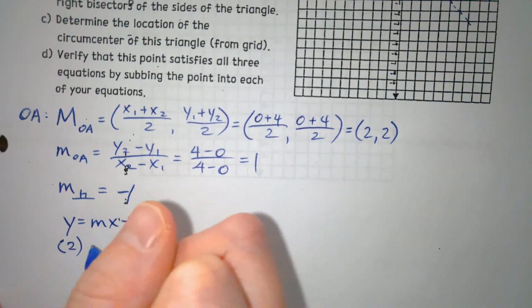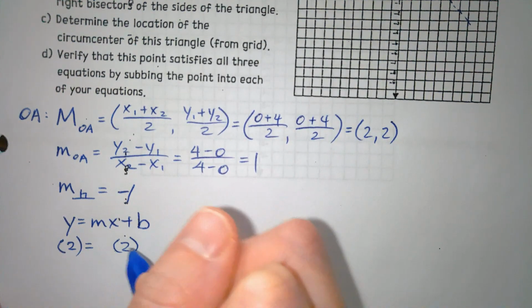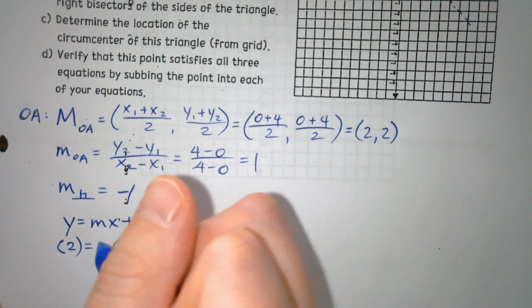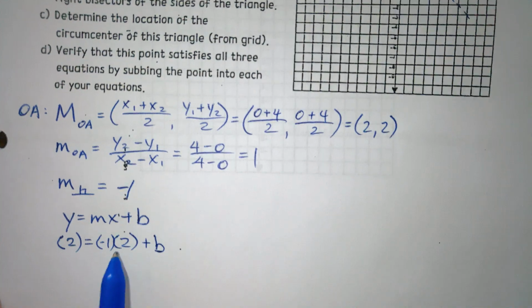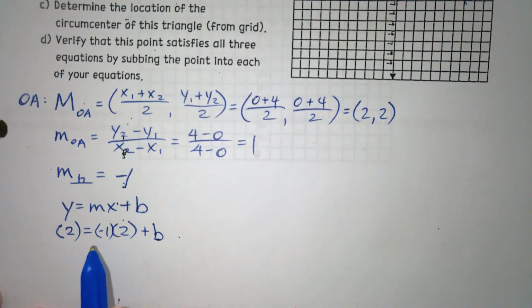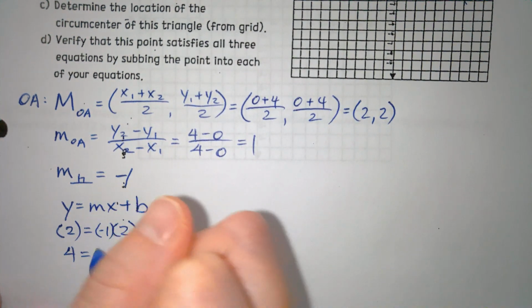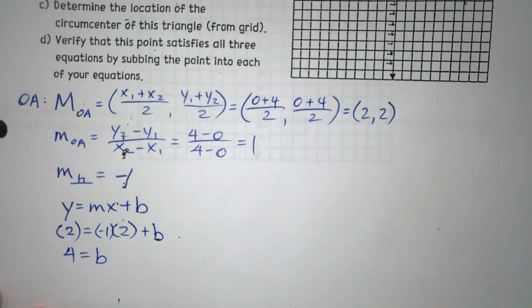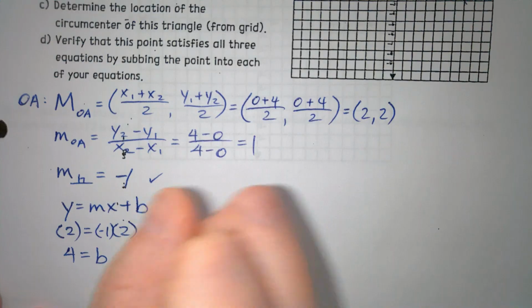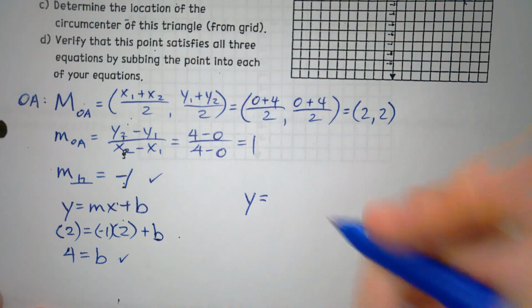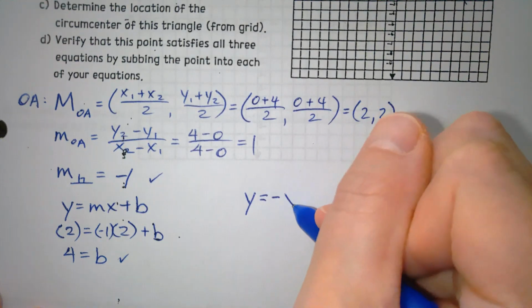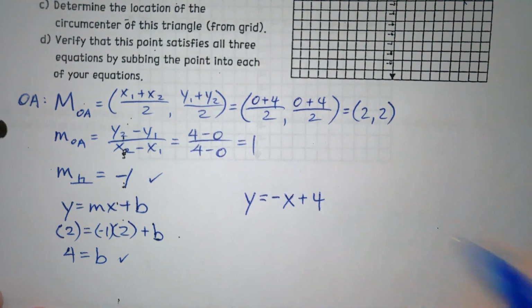So x is 2, y is 2. M is -1 because we just found the negative reciprocal slope. When we solve it, b equals 4. I have m, I have b. So what's my equation of this blue line? Gavin? Y equals -1x plus 4. Yeah. Good.